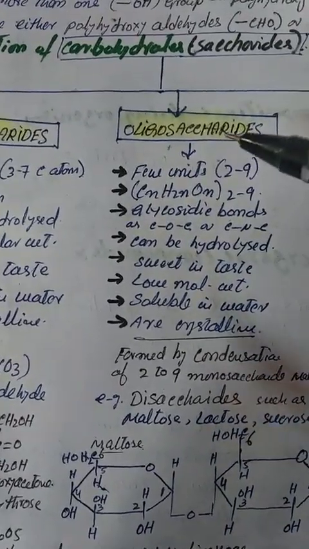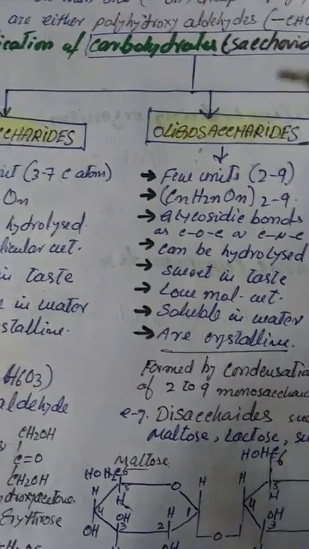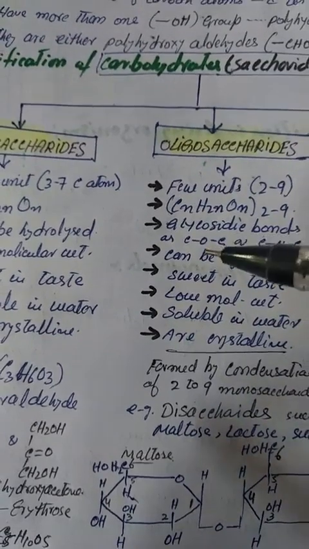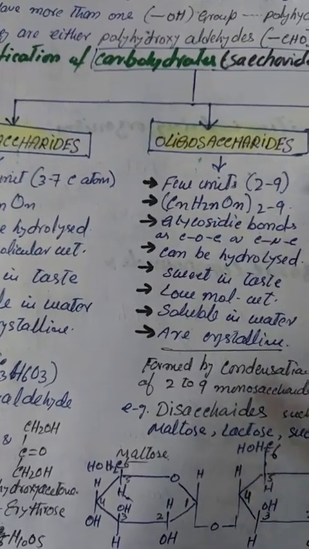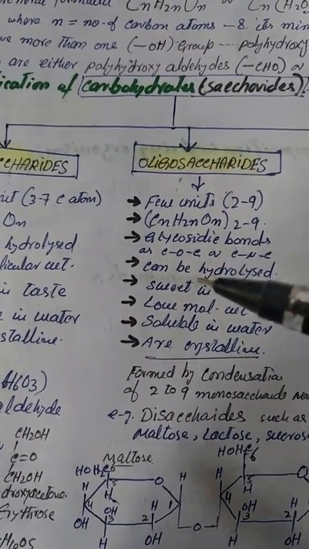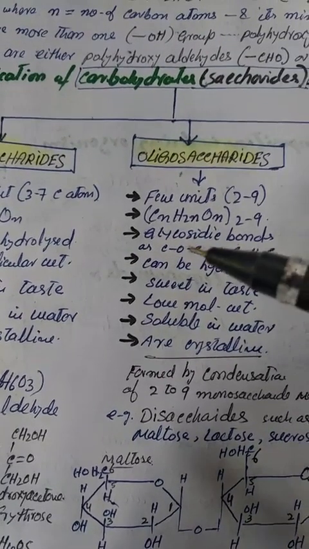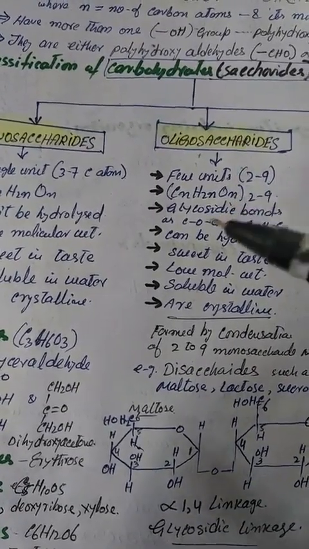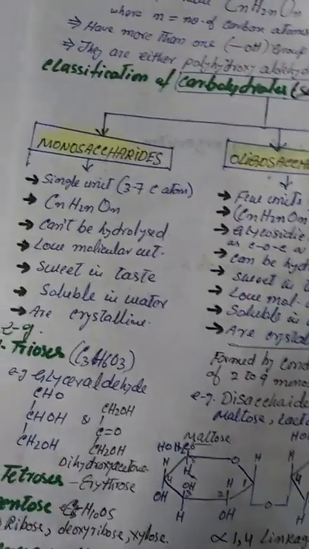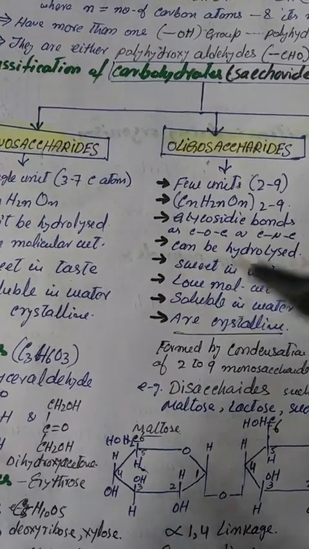Now, so far as the second type, the oligosaccharides, is concerned, these oligosaccharides are composed of a few monosaccharide units that may range from 2 to 9 monosaccharide units. In this structure, two monosaccharides are linked together with a glycosidic bond.